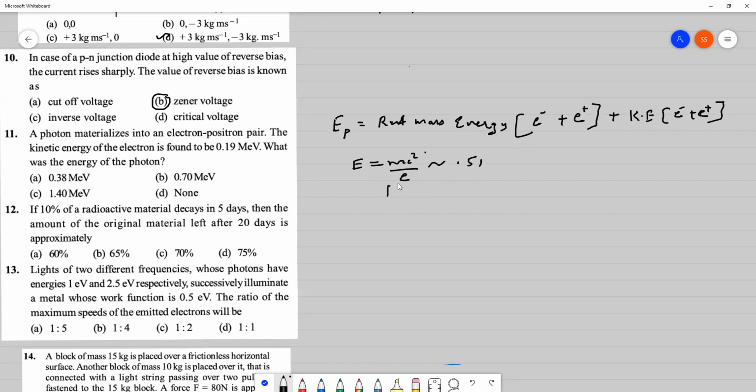So what will be the photon's energy here? The photon's energy should be equal to 0.51 plus 0.51, 2 times 0.51, plus the kinetic energy of the electron and positron, which is given to be 0.19 each, so 2 times 0.19. 0.51 plus 0.51 is approximately 1.01, plus 0.38.